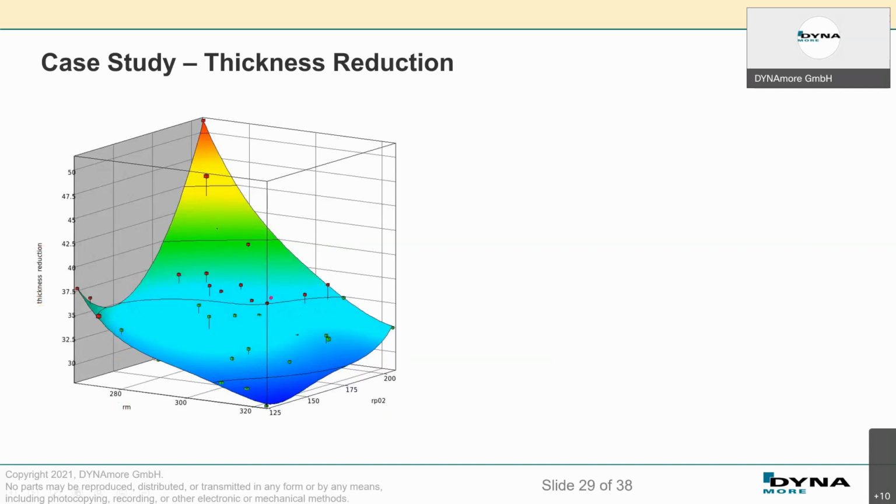The points you see here are the simulation points, or values extracted from simulation runs, we used to calculate the metamodel. So in our example, you could also directly use the metamodel to judge the variation of the thickness reduction.